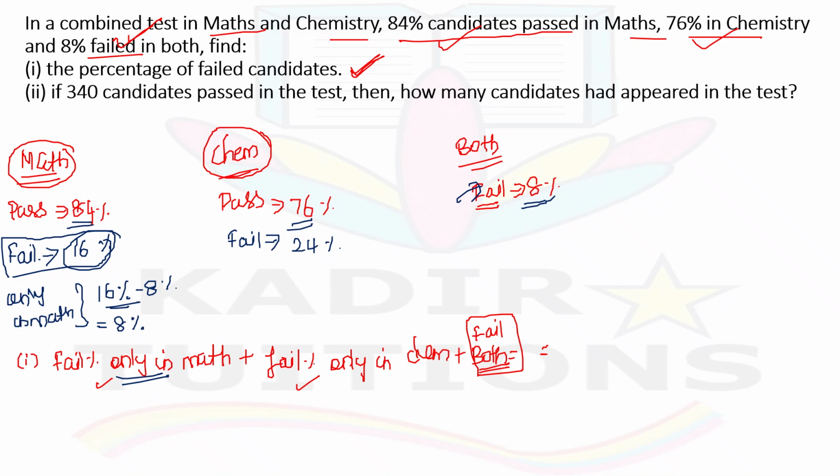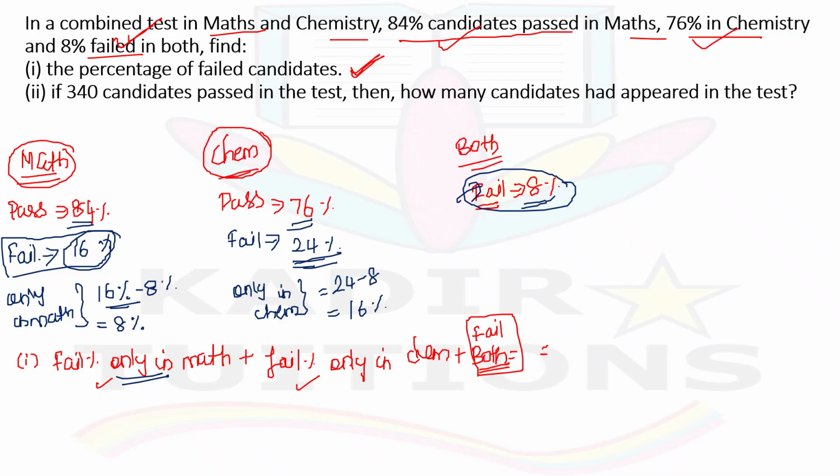Here also we are supposed to find only in chemistry how many percent failed. Overall in chemistry 24 percent of people failed, but only in chemistry means we subtract this both percentage from this fail percentage. So only in chemistry the fail percentage is 24 minus 8, which is nothing but 16 percent.